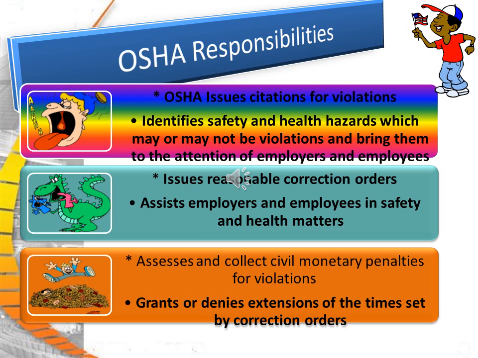OSHA will issue citations for violations. It will identify safety and health hazards which may or may not be violations and bring them to the attention of employers and employees. It issues reasonable correction orders, assists employers and employees in safety and health matters, assesses and collects civil monetary penalties for violations, and grants or denies extensions of the time set by correction orders.